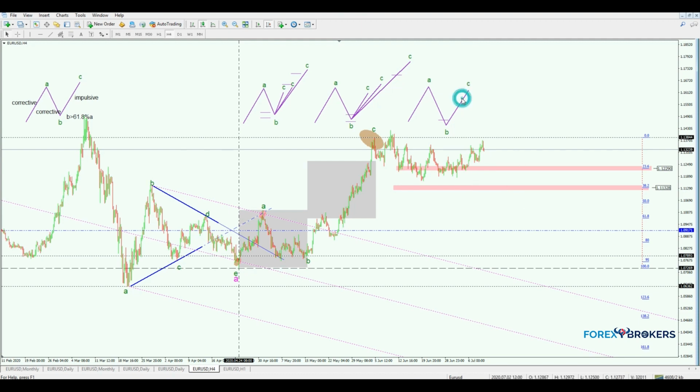And then if the C wave manages to fully reverse the entire B wave here, so as to take the highs in wave A, something like this, but not much more than 123.6 or 138.2 at the maximum, this is called an irregular flat.